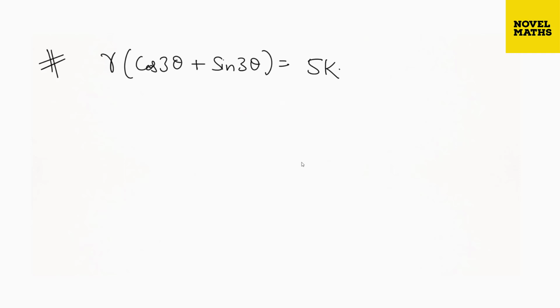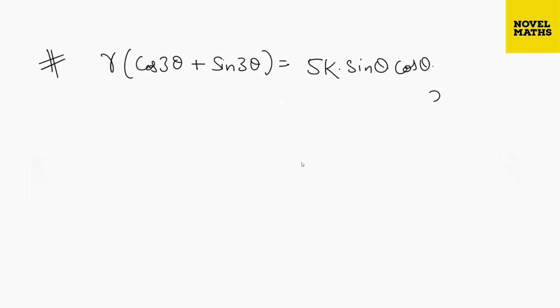The last question, a slightly lengthy one, but this also we will try to solve. We will visualize this in Desmos. The calculation part, if you feel it's lengthy, you can skip it. r cos 3 theta plus sin 3 theta is equal to 5k sin theta into cos theta.